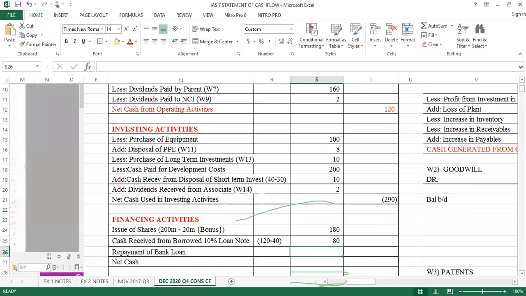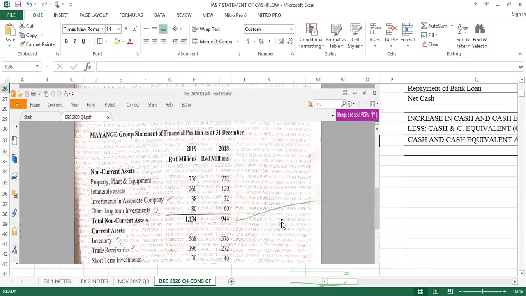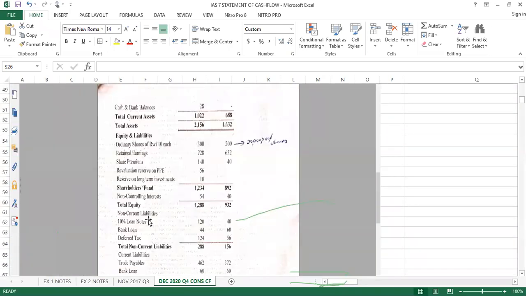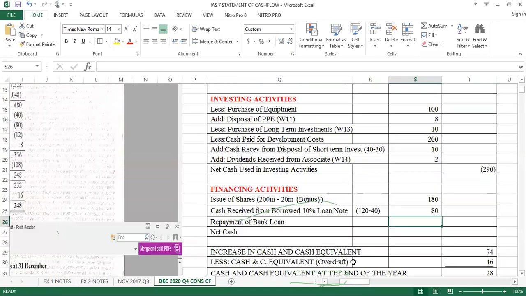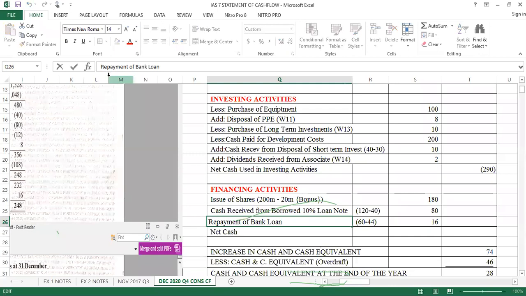Bank loan reduced. Remember we had posted those when we were looking at it. Bank loan reduced from 60 to 44. So what is our bank loan? It is 60 minus 44, which gives us 16. Remember, repayment is a less.